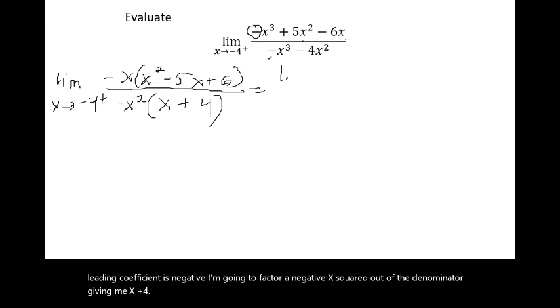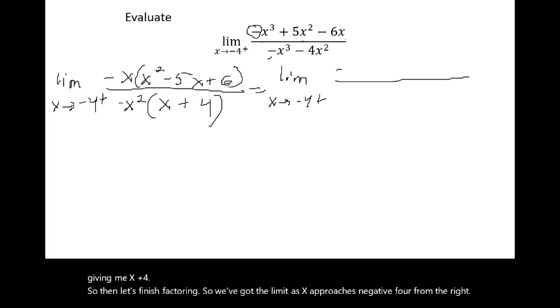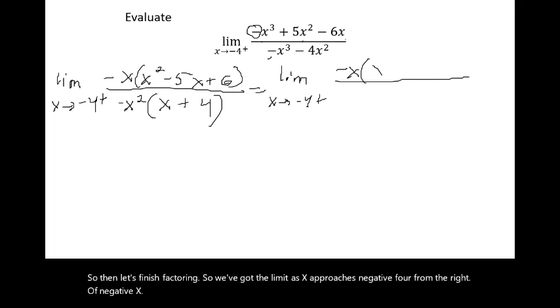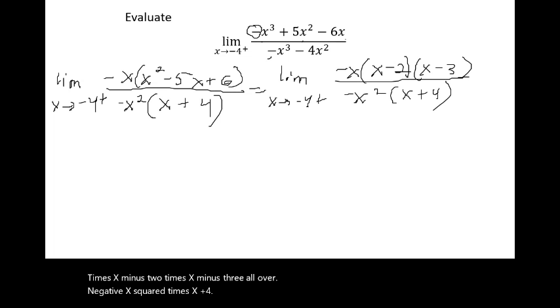So then let's finish factoring. So we've got the limit as x approaches negative 4 from the right of negative x times x minus 2 times x minus 3 all over negative x squared times x plus 4. And let's simplify this a little bit.